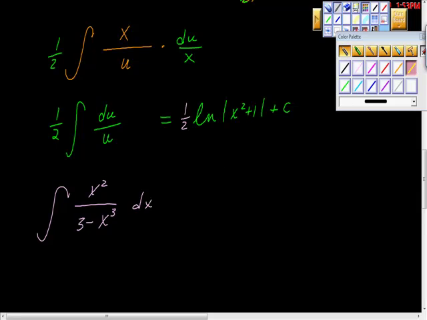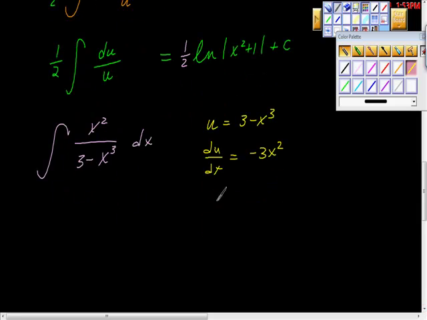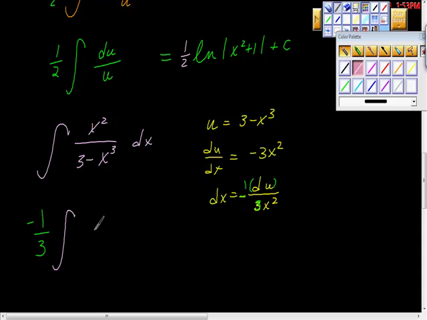So u substitution, let u equal what? 3 minus x cubed, du dx is negative 3x squared, dx equals du over negative 3x squared. Can you see the 1/3 there? So I'm going to take a negative 1/3 out, just so you can see it. Chloe, is that cool?